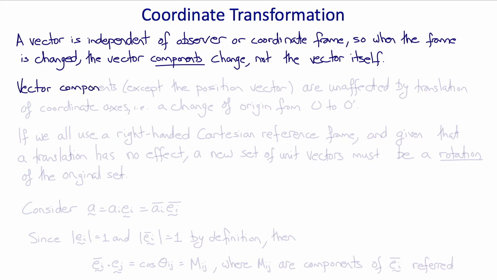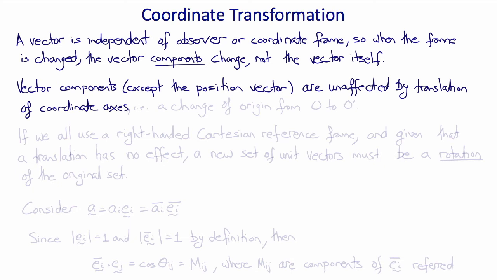Now, with the exception of the position vector, the vector components will be unaffected by a translation of the coordinate axes, i.e. a change of the origin from, say, O to O prime.